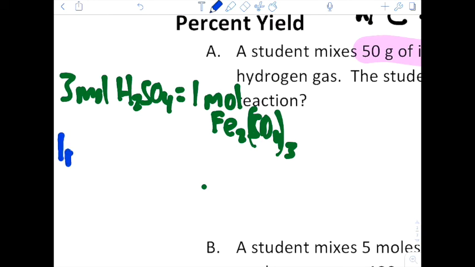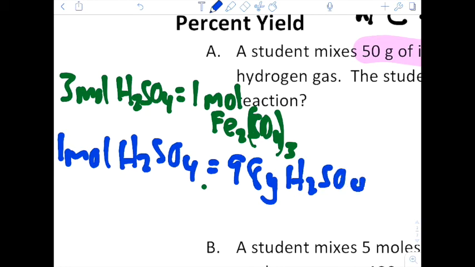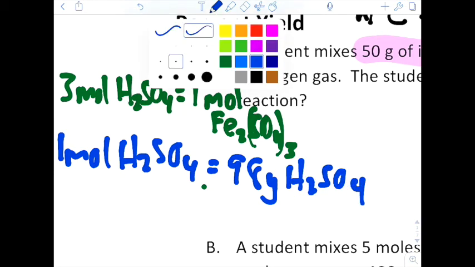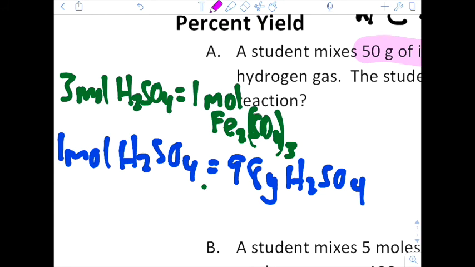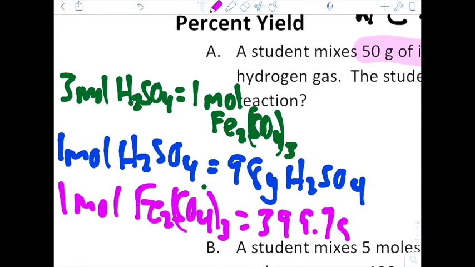So 1 mole of H2SO4 equals 98 grams of H2SO4, and we've already found the molar mass of our iron(III) sulfate. So 1 mole, we need that again, of Fe2(SO4)3 equals 399.7 grams of Fe2(SO4)3.